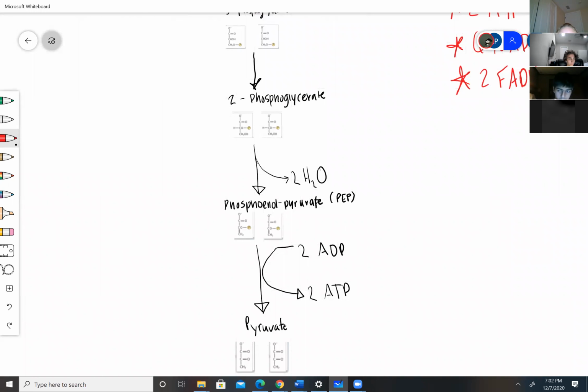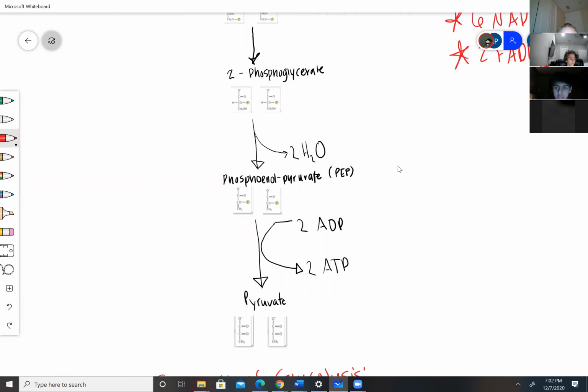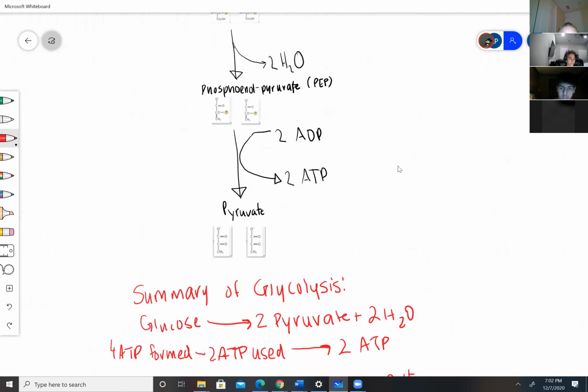Then two water molecules are released, forming phosphoenolpyruvate, and then it gains 2 phosphate groups for each pyruvate, forming 2 pyruvate molecules.